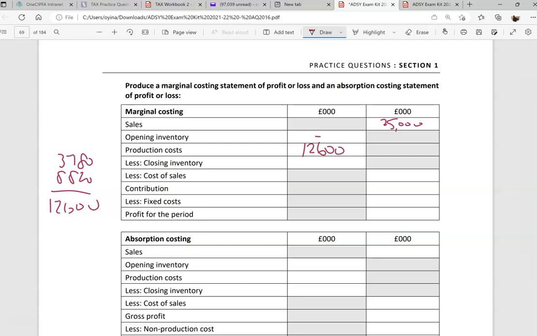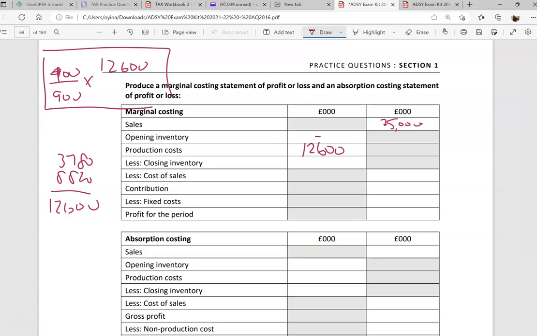And then you have closing inventory, which is 400 units out of 900 units times 12,600, because that's what they tell you, that you sold 500 and you have 400 left. And if we make them all together, we have a nice sort of ratio thing going on.